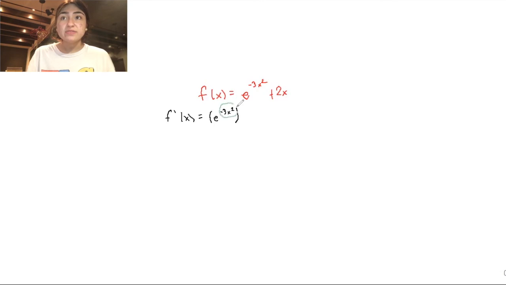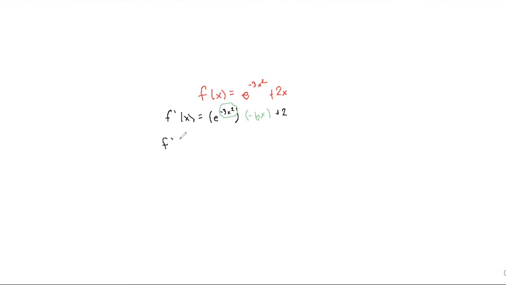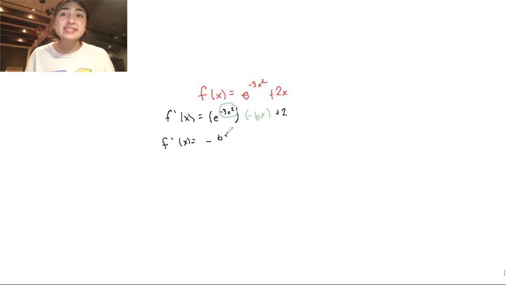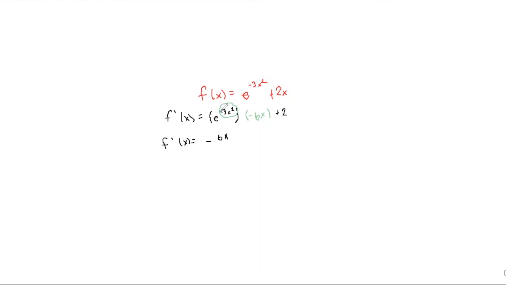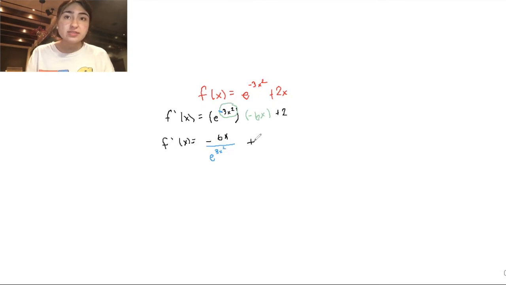Then the derivative of 2x is 2. So first we put the function and then we multiply by the derivative of the power of the function. Then since it is negative, we need to pass it to the bottom. And this is the final answer.